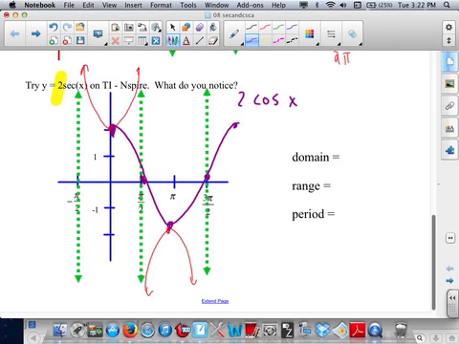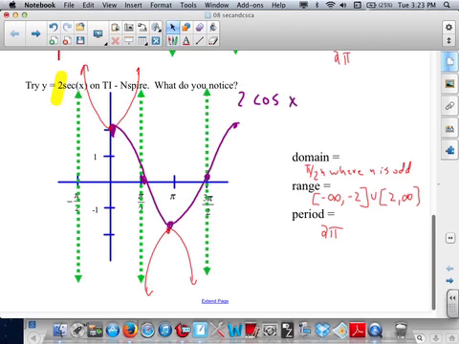So that's how that behaves. Secant and cosecant are the same in that manner. The domain of this problem still is the same, pi over 2n, where n is odd. My range definitely changes. Now I'm going to go from -infinity to -2, union 2 to infinity. The period is still 2 pi.